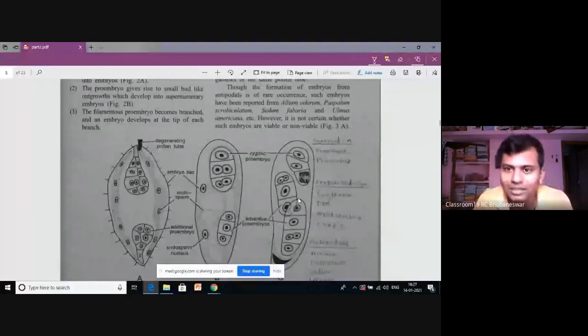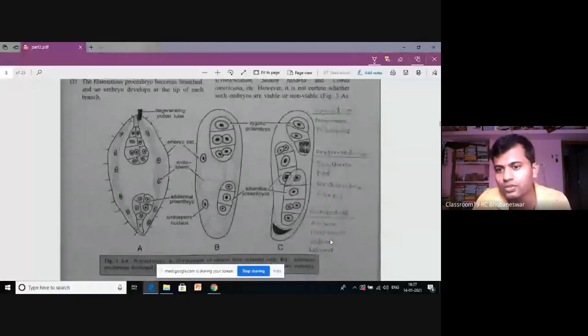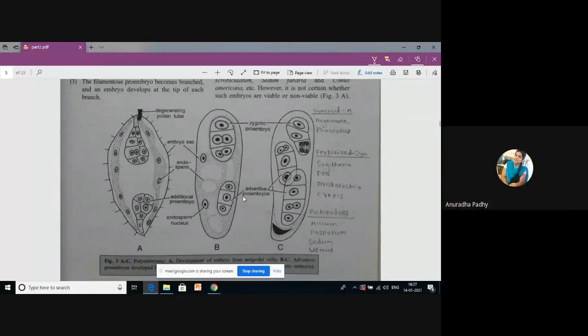But when the antipodal cell develops into an embryo, it is haploid. In plants like Allium, Paeonia, Sedum, and Ulmus, the antipodal cell may develop into an embryo in addition to the zygotic embryo. In Argemone and Phaseolus, the synergid may develop into an embryo. In the case of the fertilized synergid: Sagittaria, Poa, Aristolochia, Crepis, etc. Got this point?